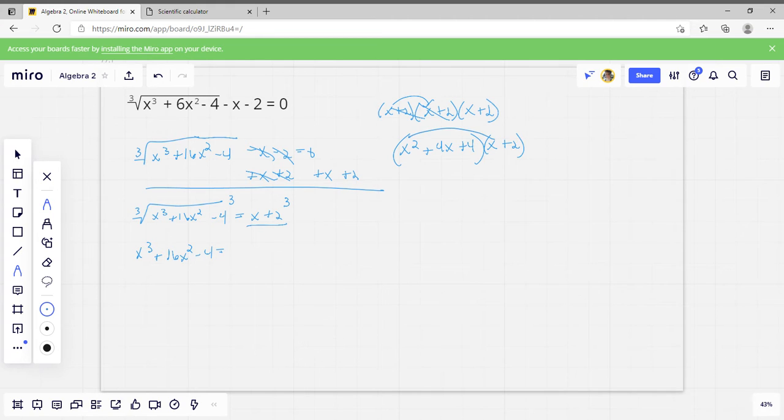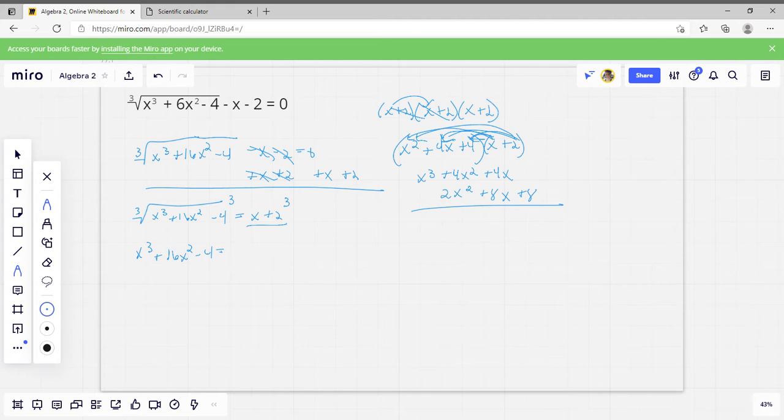So x times x squared would be x to the third. That would be 4x squared. That would be 4x. Now I've got 2 times x squared, which would be 2x squared. 2 times 4x would be 8x. 2 times 4 would be 8.